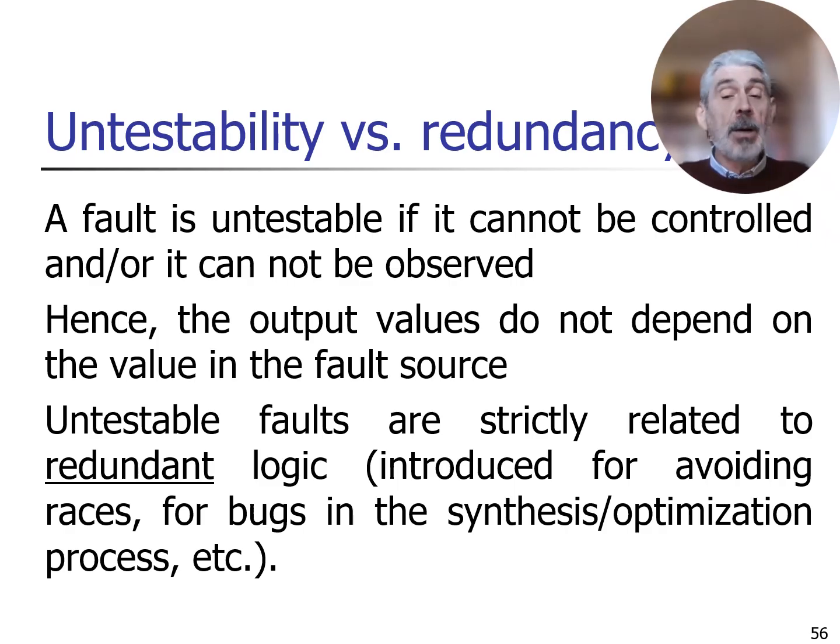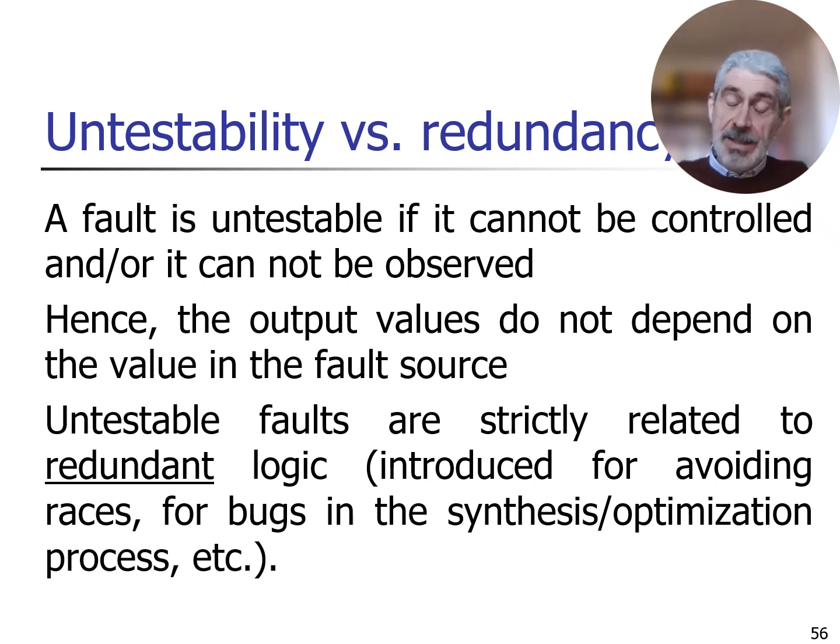So we will see in a moment that a very important parameter for test is the fault coverage, the percentage of faults for which I was able to generate a test vector over all the possible faults. Now, clearly, for untestable faults, it is impossible to generate such a test vector.